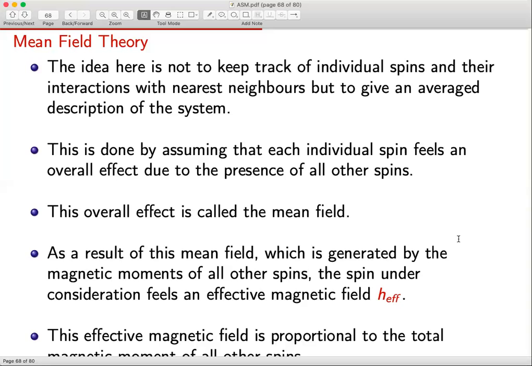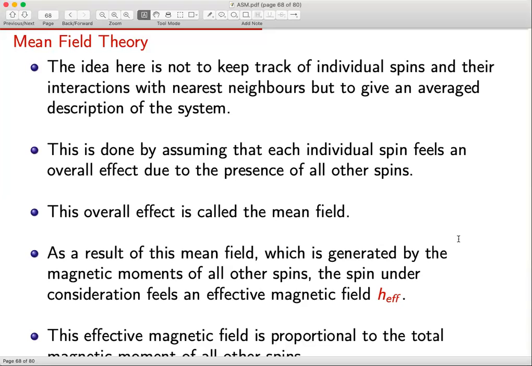So the mean field theory basically proposes that any arbitrary single spin in the system sees an overall, or averaged, effect of the entire system. That averaged effect that any arbitrary spin sees is called the mean field.